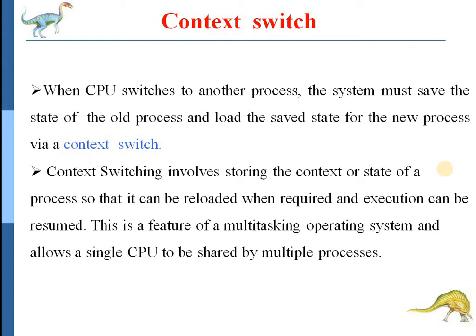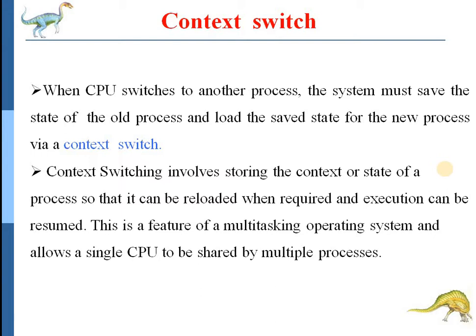Context switching involves storing the context or state of a process so that it can be reloaded when required and execution can be resumed from the same point as earlier. This is a feature of a multitasking operating system and allows a single CPU to be shared by multiple processes.